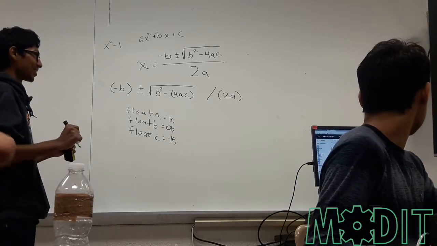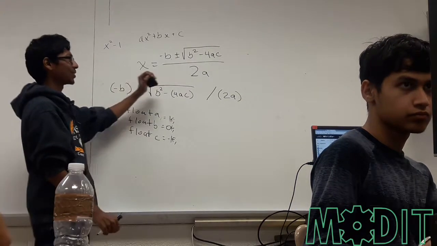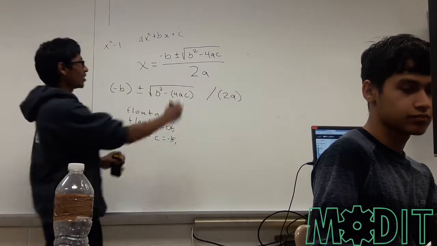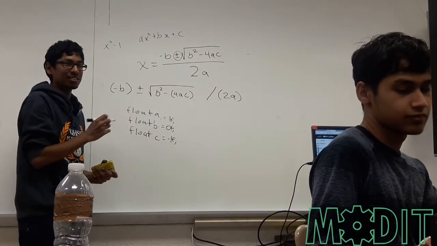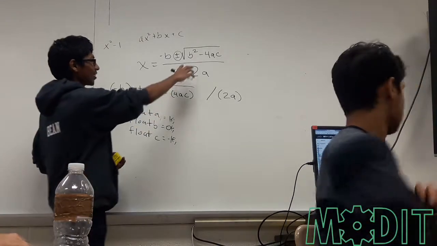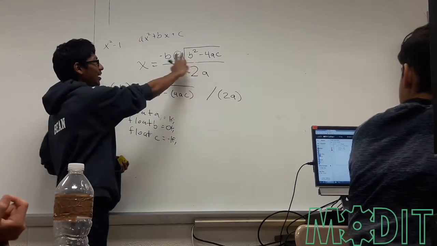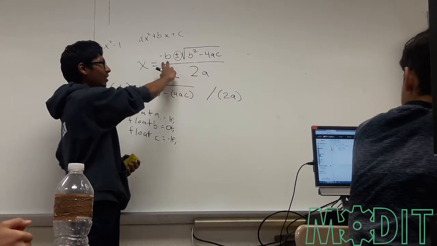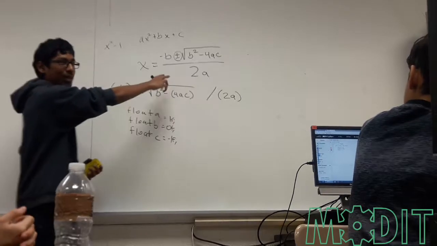Okay, so now we're going to look at the quadratic equation, and you see that over here we have the plus and minus, and that means that we're going to take this part, which is called the discriminant, and add it to negative b, and then for our second root, subtract it from negative b.